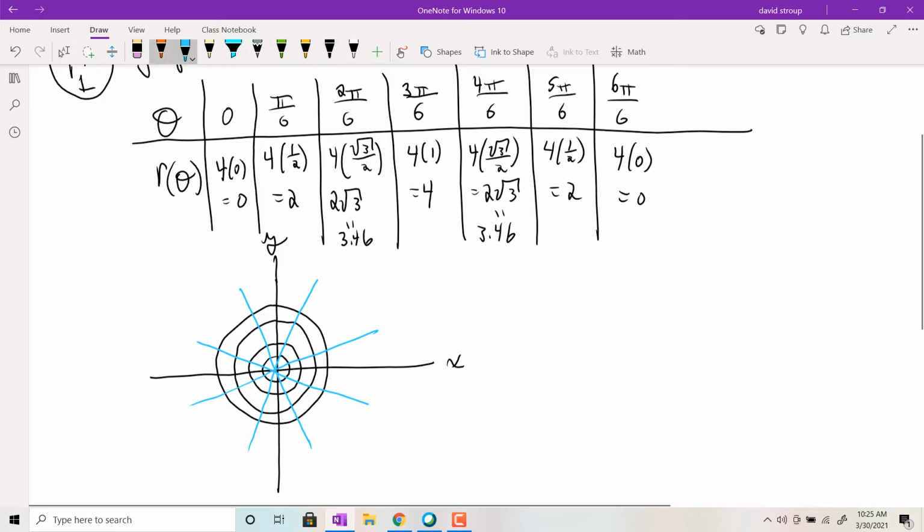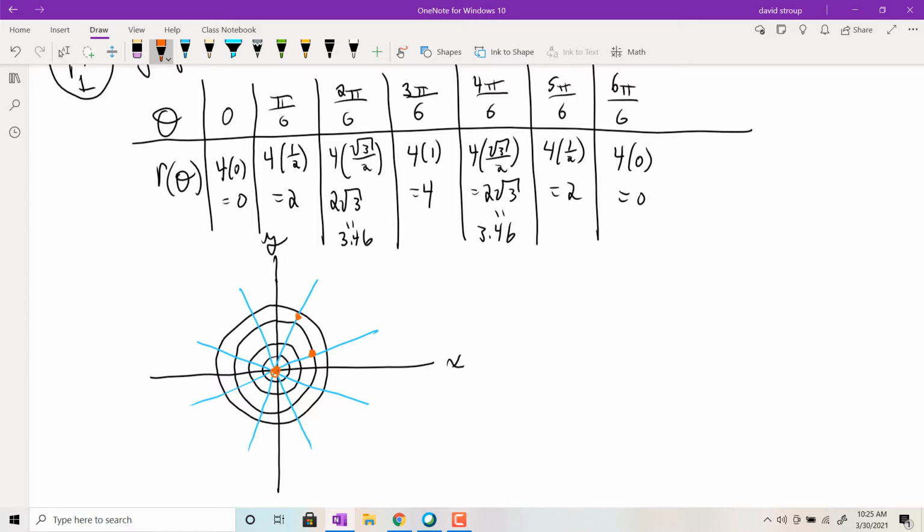Then I'm going to plot these points. So 0, 0 is just the pole. Then we have pi over 6, comma 2, which would be right here. Then 2 pi over 6, comma 3.46, about right here.